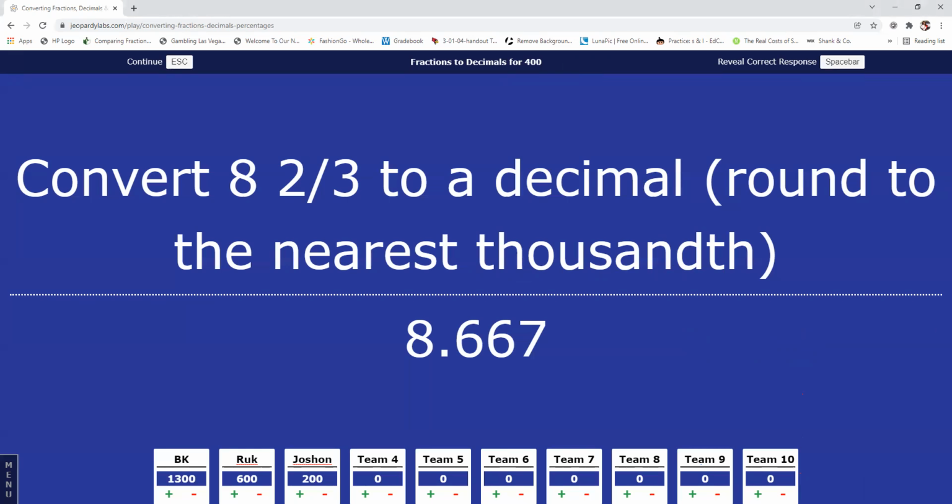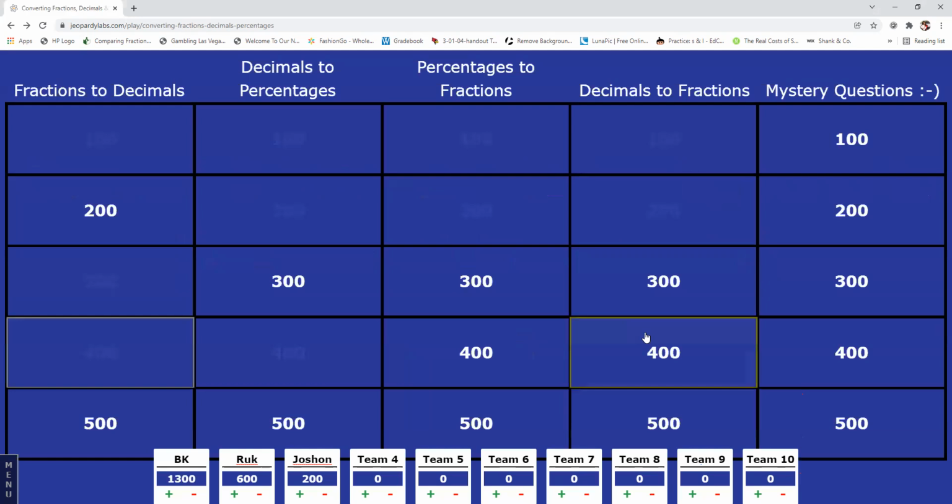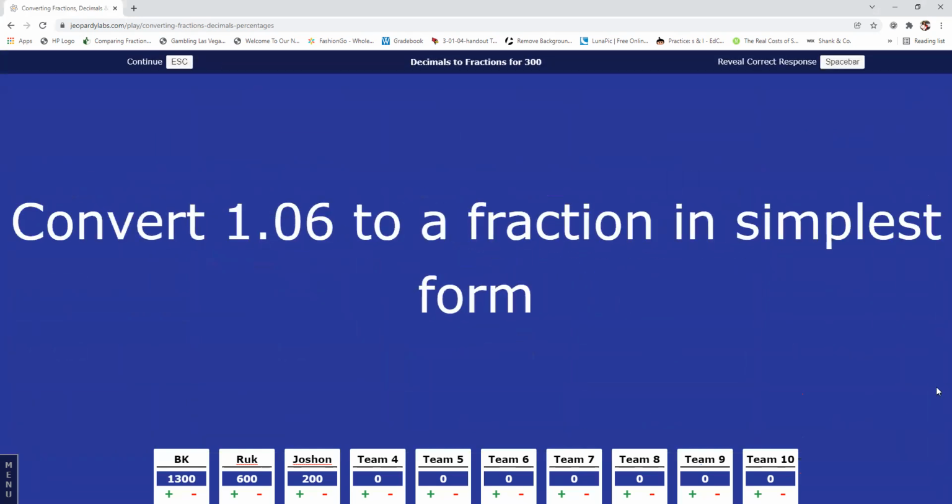All right, next category, we're gonna say decimals to fractions for 300. Convert 1.06 to a fraction in simplest form. So simplest form means you guys have to reduce.